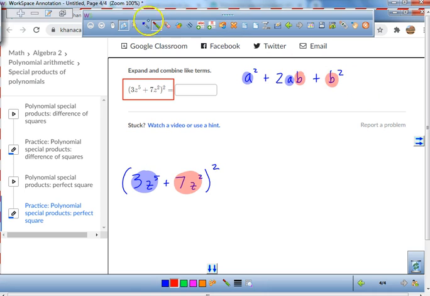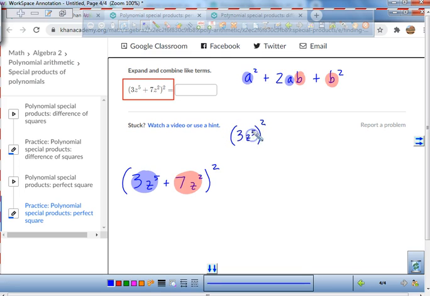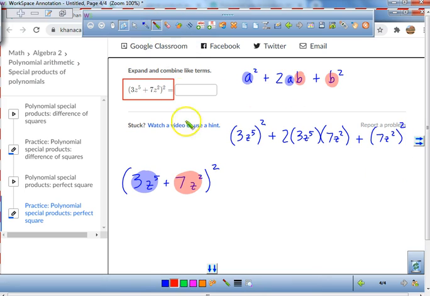and our a value. So all I'm going to do is take my a value and square it. So what's my a value? 3z to the power of 5 plus 2 times my a value, which is 3z to the power of 5, times my b value, which is 7z squared, plus my b value, which is 7z squared, and I have to square that.